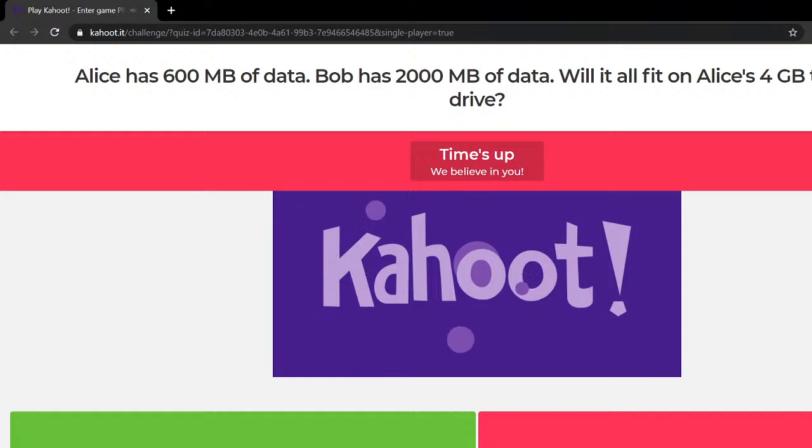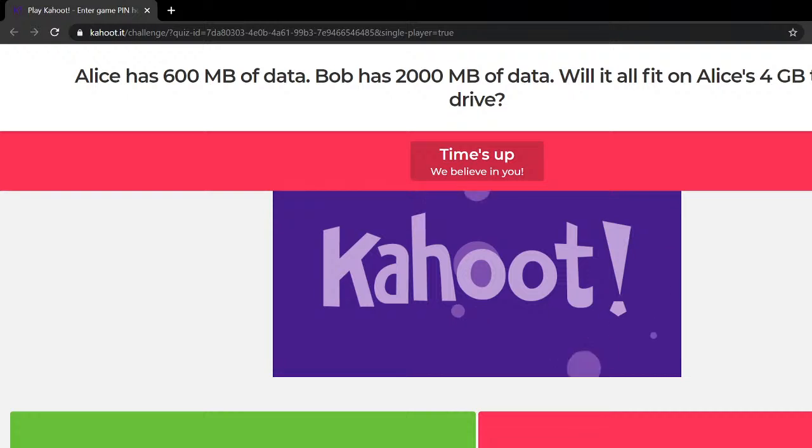Okay, so time's up. The answer is triangle. The first thing you want to do is add up all the different megabytes that it has. So that's 2,600 megabytes. To convert from kilobytes to megabytes to gigabytes, it's all by 3 decimal points.